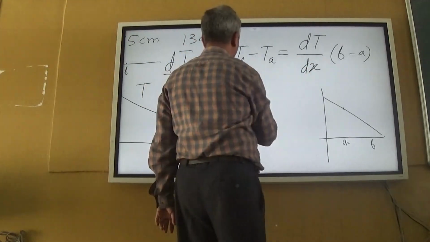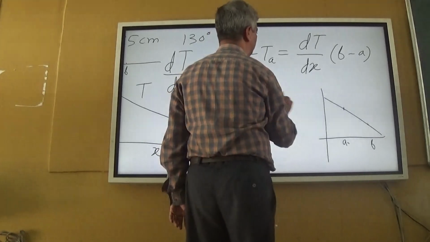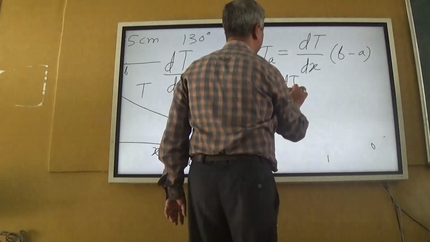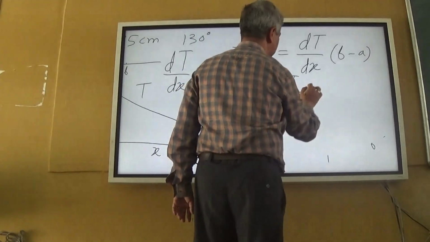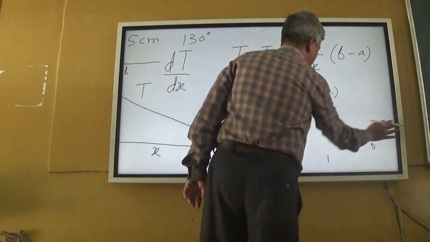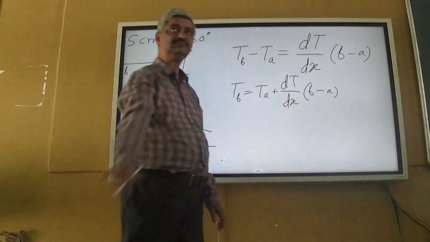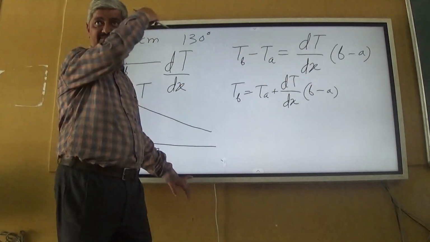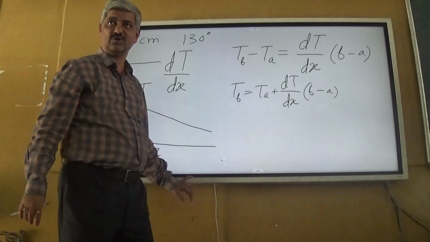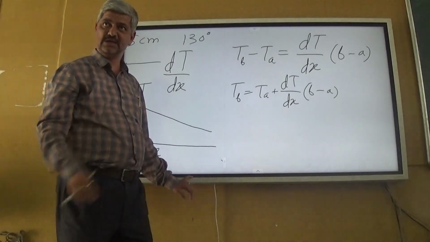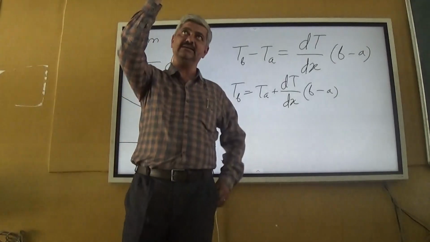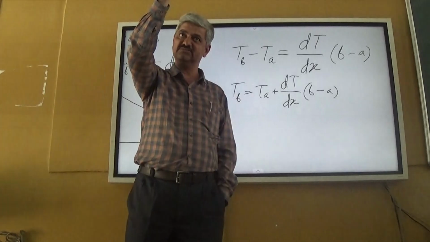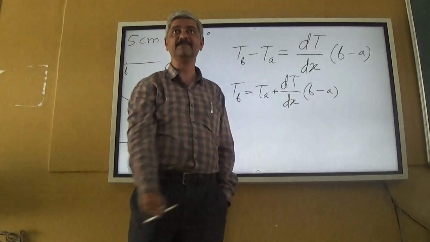So TB is equal to TA plus dT by dx into B minus A. That would have been correct if the slope was constant. If the graph is linear, representing a constant slope, this was correct. But now it is not so. Then what will you do?